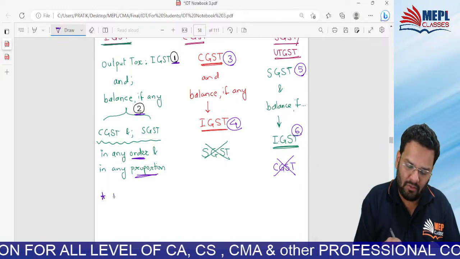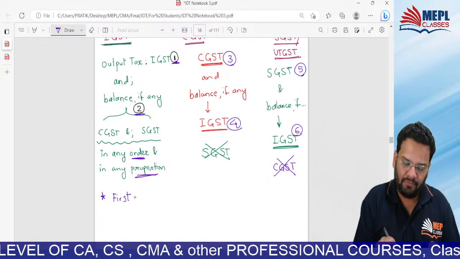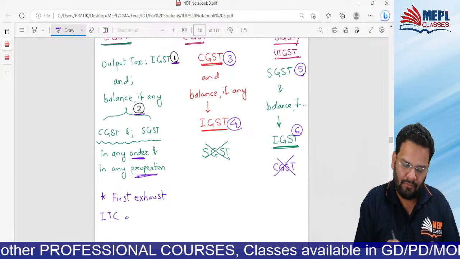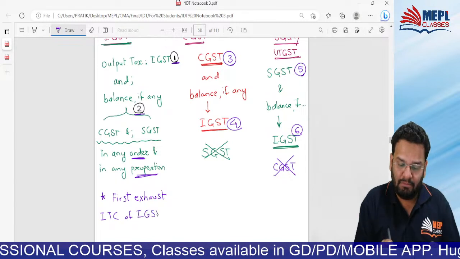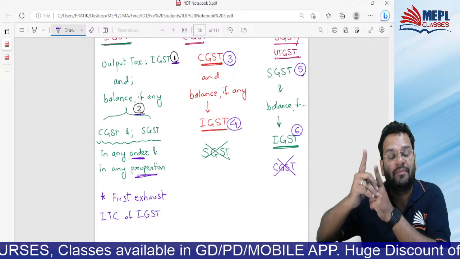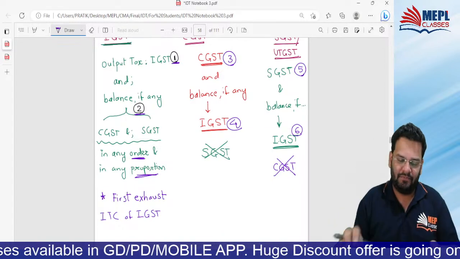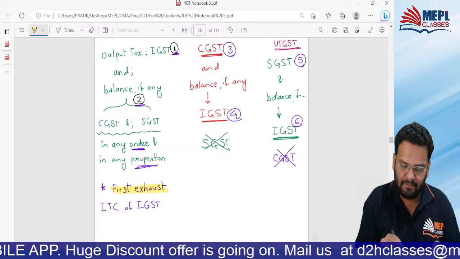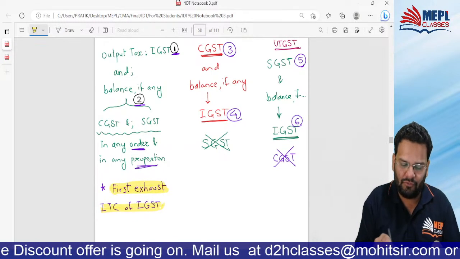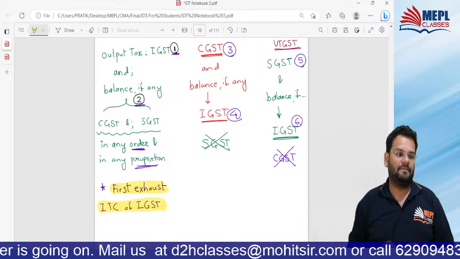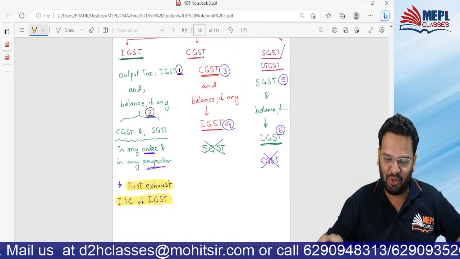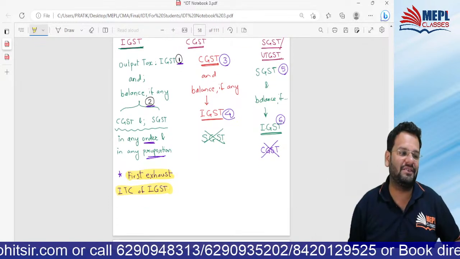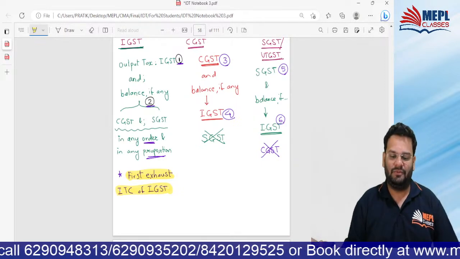Remember, always first exhaust ITC of IGST before going for utilization of ITC of CGST or SGST. So first exhaust ITC of IGST. Is it clear to all of you? Please let me know quickly so that we can proceed to doing a lot of questions on this, so that this utilization becomes crystal clear to you.